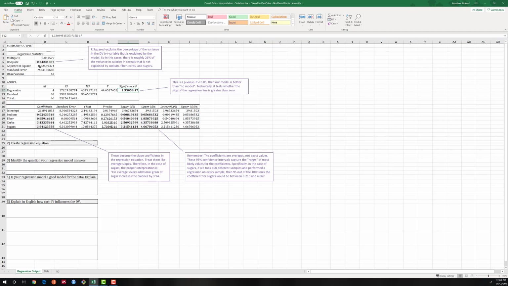And so that's probably a pretty good R-squared for cereals. Because there's still space there, unexplained variance, that means there could be other nutritional factors that we might want to actually go collect the data on and include in our model. But that's a pretty good fit. This is a goodness of fit.